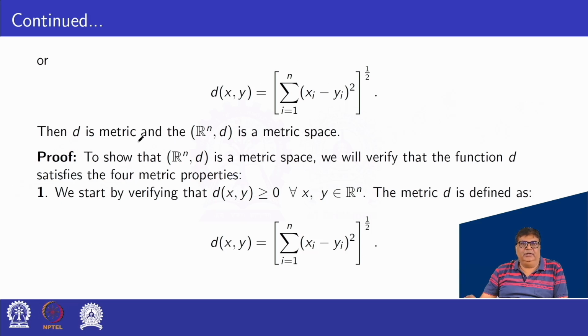Then d is a metric and the ordered pair (Rn, d) is a metric space.